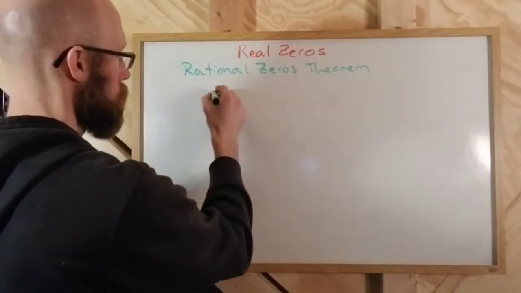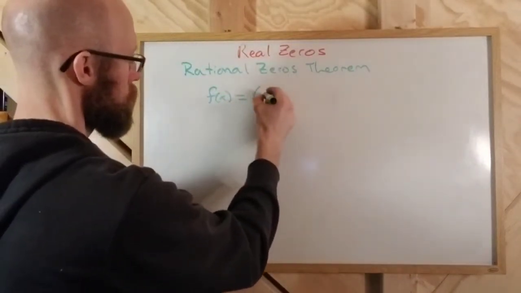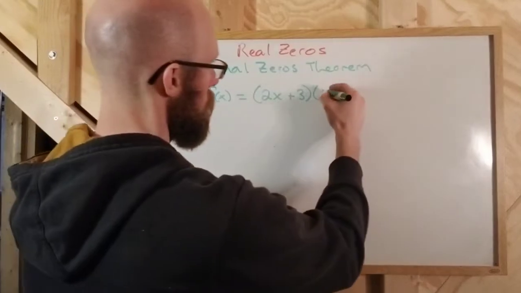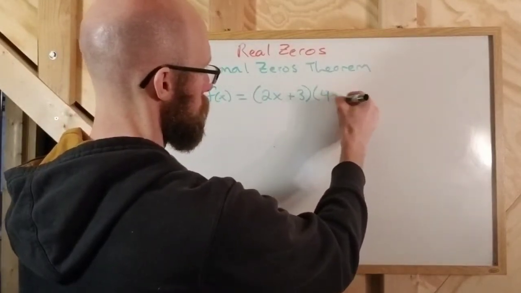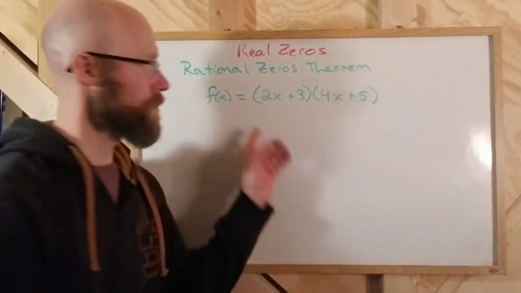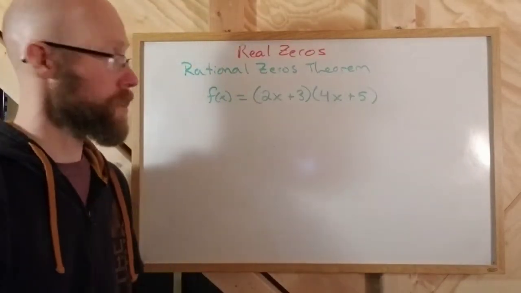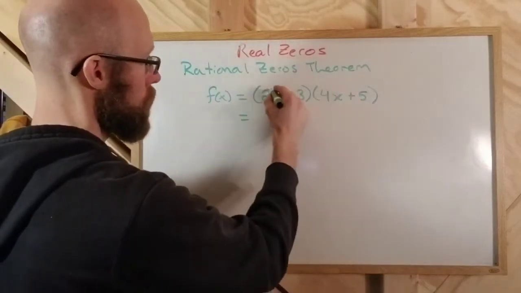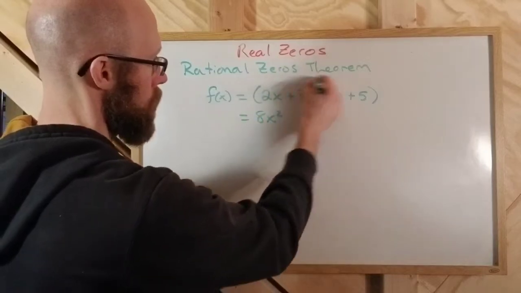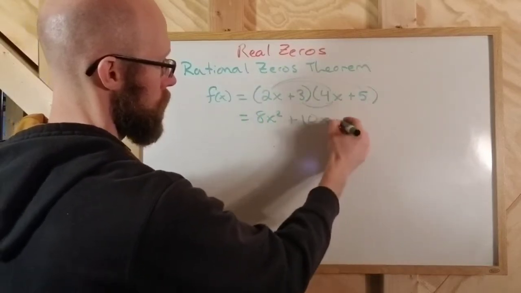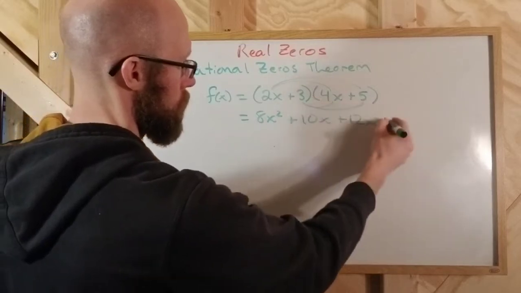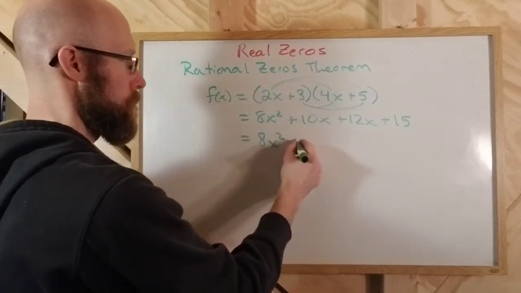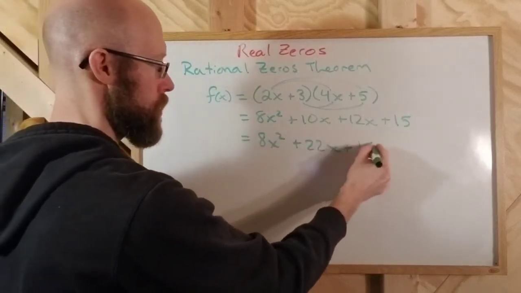If I had a polynomial that was factored into 2x plus 3 and 4x plus 5, and I were to distribute this out to get the standard form, this would be 8x squared plus 10x plus 12x plus 15, which simplifies to 8x squared plus 22x plus 15.